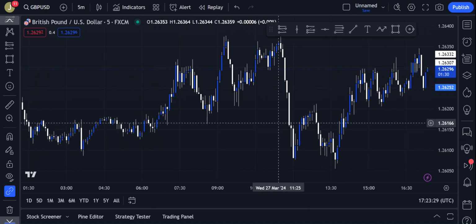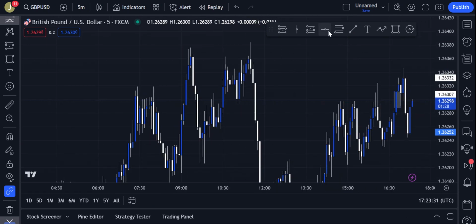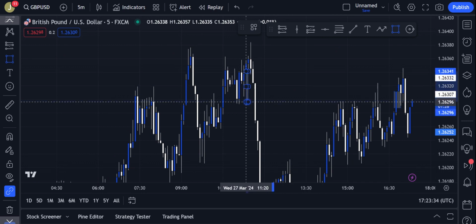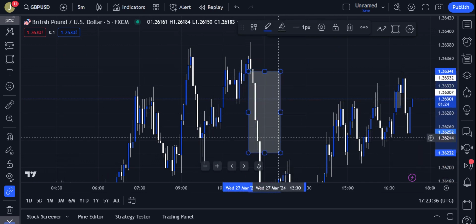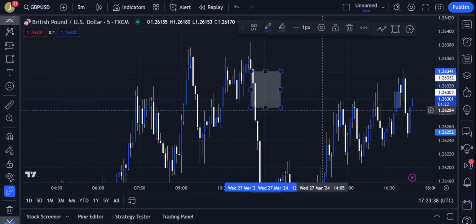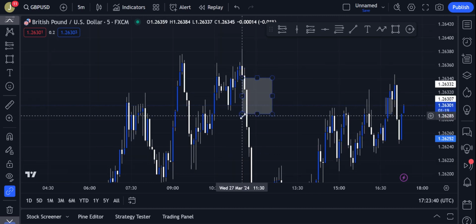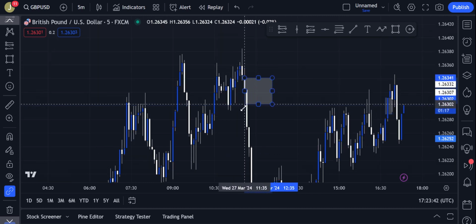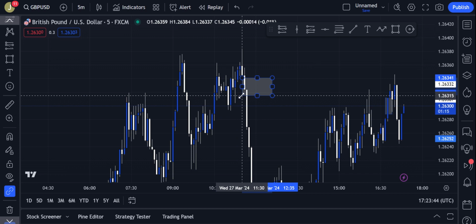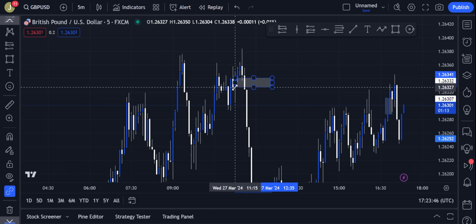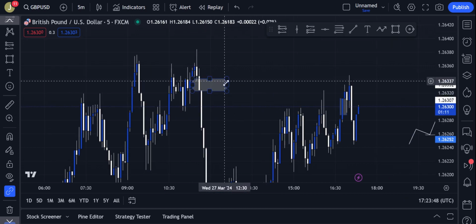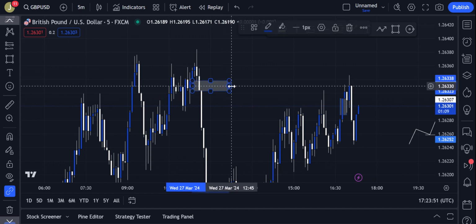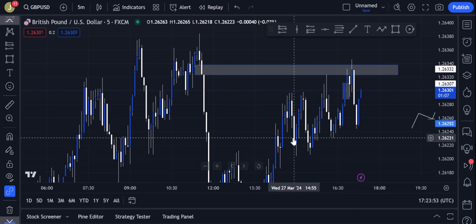You might be thinking, oh, this is a huge fair value gap. Yeah, kind of. But we don't take all of this here. Just think and take some of this, something like this. It's kind of common sense here.